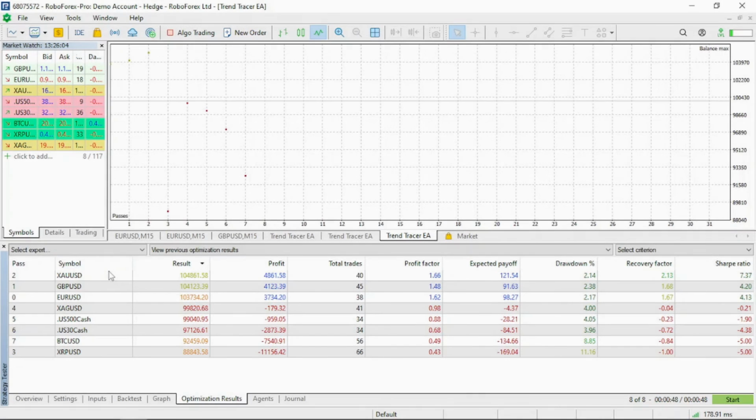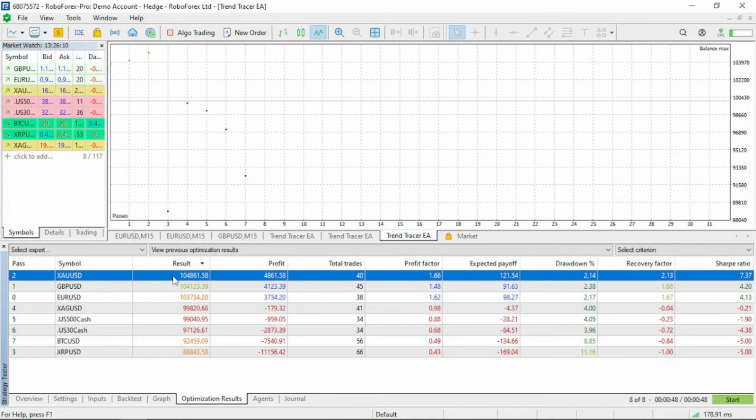Let's take a look at the results. As you can see, the set file that was made for pound dollar also works well on gold. Gold has a tendency of trending, however, does expose traders to high risk. When trading gold, please be careful.